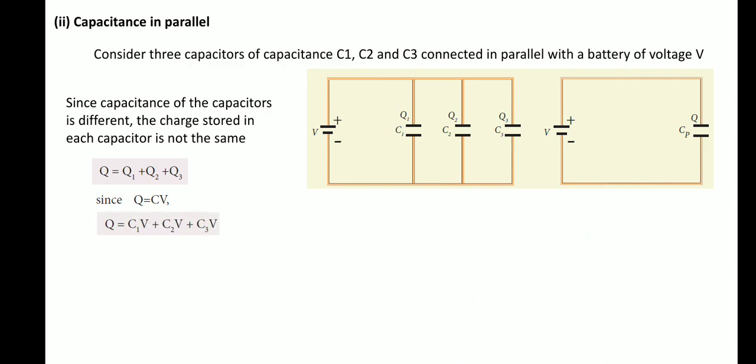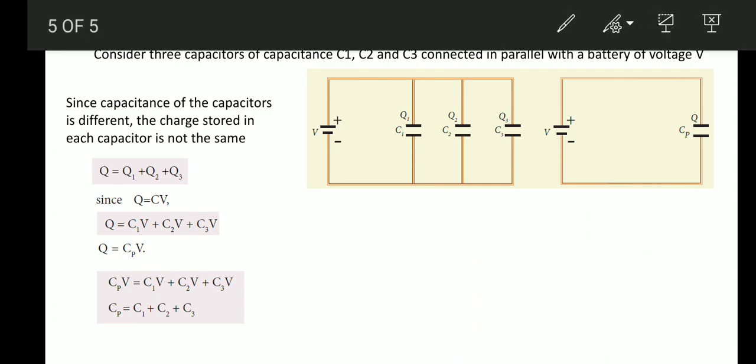Q is equal to C1V plus C2V plus C3V, where V is common, take it out. Total charge Q will be equal to Cp into V, where Cp is called the effective capacitance in parallel. Then when you substitute that, CpV is equal to C1V plus C2V plus C3V, where V is common, that will be cancelled out. Then Cp is equal to C1 plus C2 plus C3.